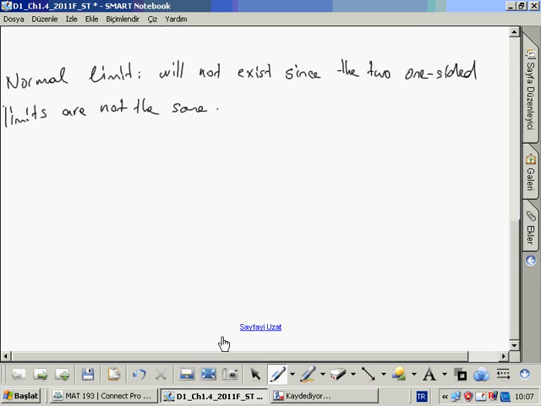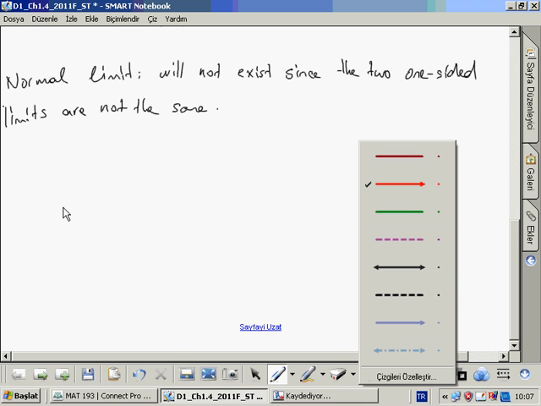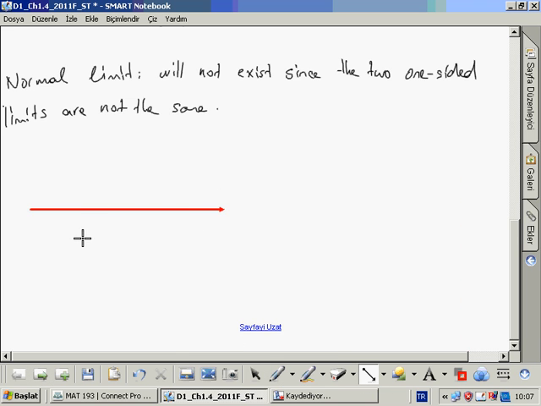And the official answer to this example then will be does not exist, but let me sketch it and understand.